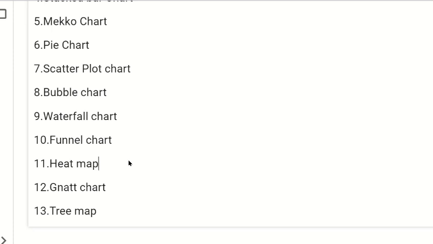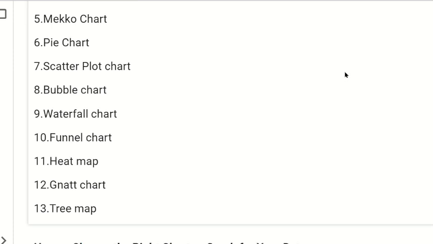It represents hierarchical data in nested rectangles. It looks like a rectangle that we split into different parts, and each part represents a different column attribute.